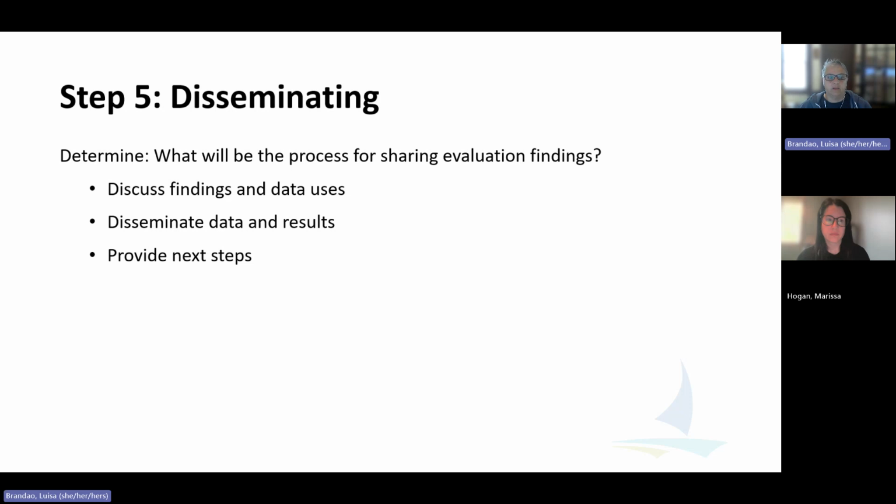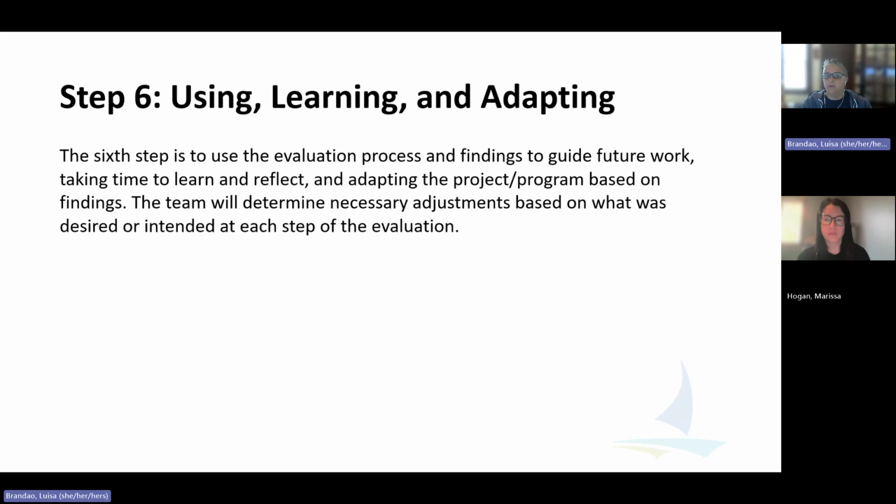So, discussing the findings and how you're going to use it, disseminating, and then saying what is going to happen. What are we doing as a result of having this information? And that's where we look at how are we going to use it, what have we learned, and how do we adapt what we've been doing based on what we found.